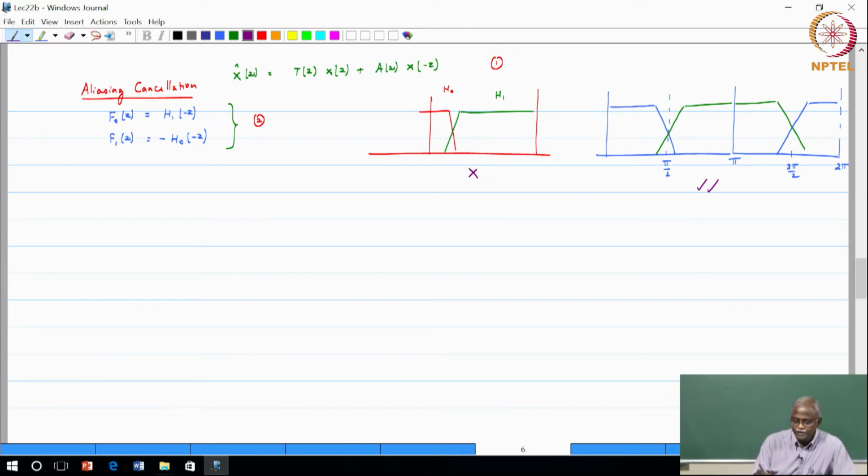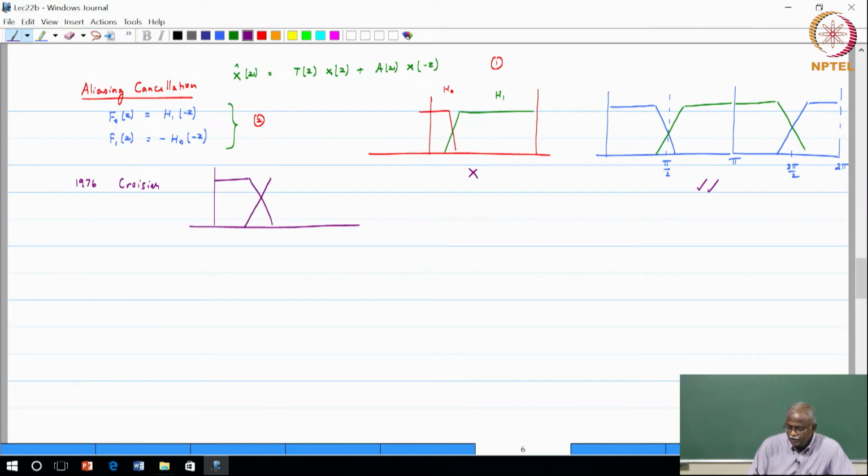Now, this was observed very early in the study of filter banks. The first reference comes in 1976, by Quadrature, and he said that yes, the filters must cross over around pi by 2, and that there are certain advantages if they are not arbitrarily chosen, but have a certain symmetry around them.